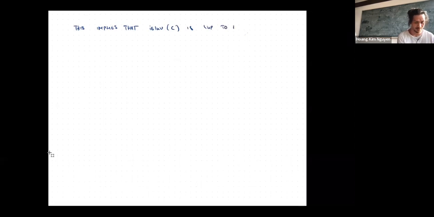And this implies in particular, and now I didn't keep track of what is an isofibration, so it's at least up to equivalence, a path object.